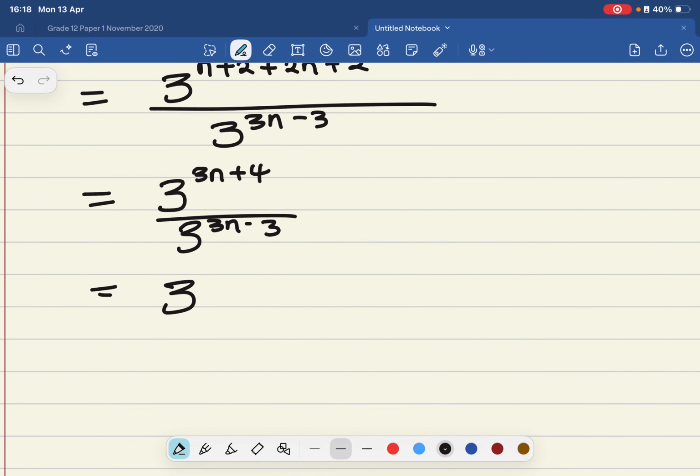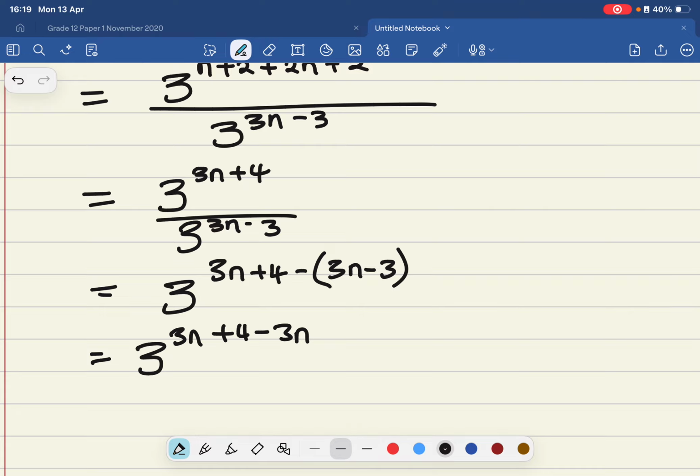I keep my base and subtract the exponents. It's going to be 3n plus 4 minus, because we are subtracting, you need to protect, open the bracket, 3n minus 3. So it's going to be 3 to the power of 3n plus 4 minus 3n plus 3.